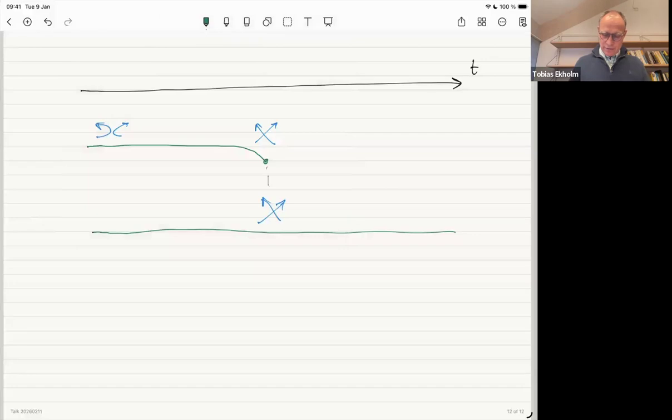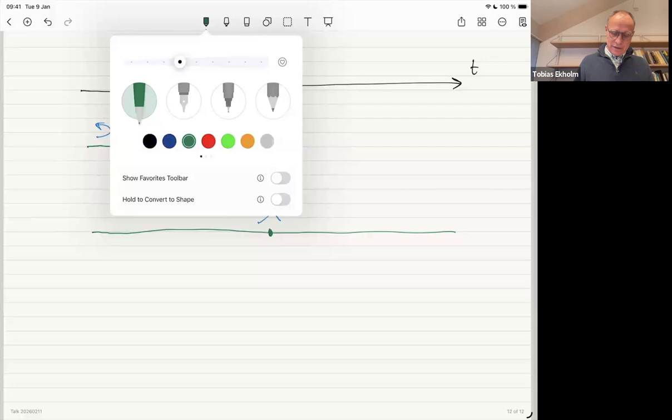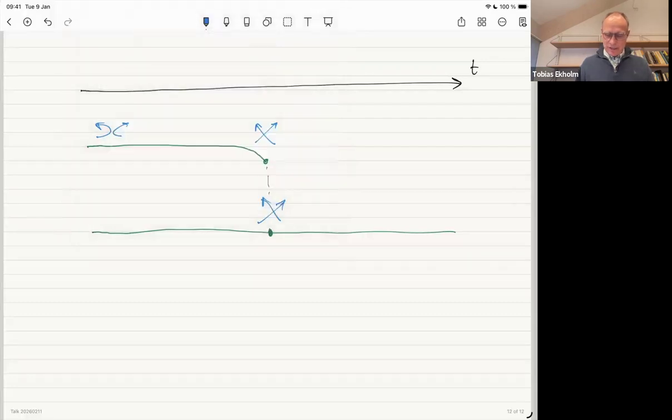So the same time. But then when you think about these kind of generically moving thing here, maybe I should draw it with the right kind of crossing. Then it crosses through here.